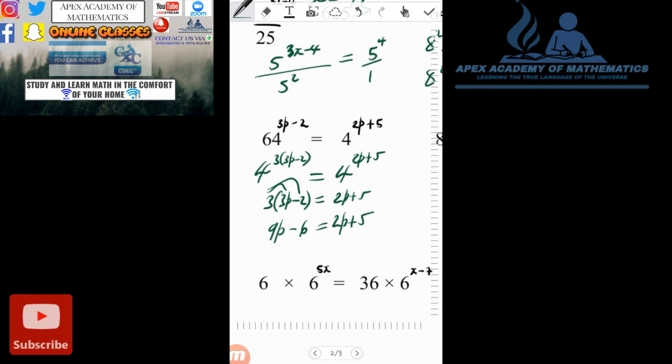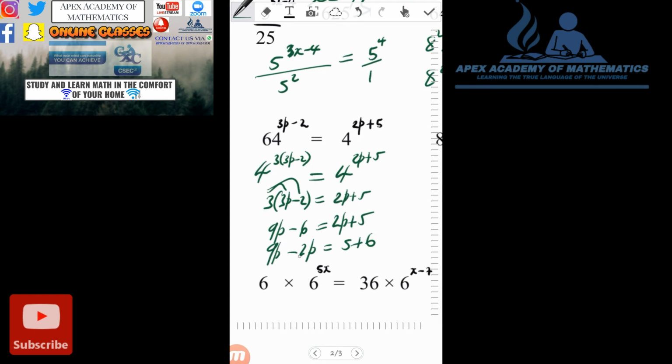Now we can definitely go ahead and arrange the p's together. So we have 9p, and bring that over, we're going to have 2p, and that's going to be equal to, we have the positive 5 over here already, and then this minus 6 will go over and it's going to become plus 6. So I've run out of a little space right here.